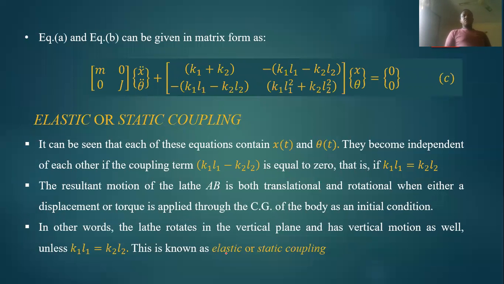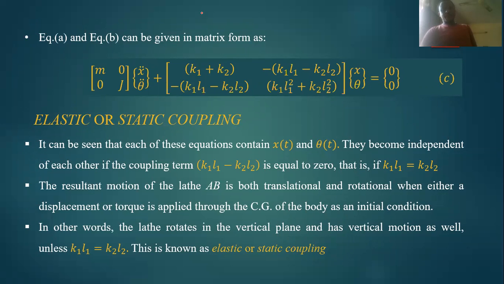Now the general form of the equations in matrix form will be given like this: mass and the mass moment of inertia, which will be defined in terms of mass when we need it. Here we have x and theta coupling.